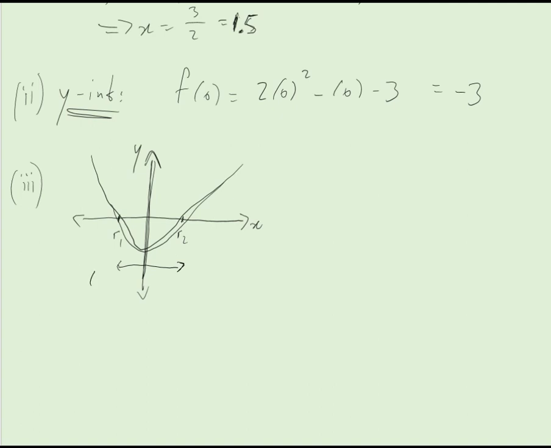So these points would be R1 and 0, because it's 0 on the y-axis, and this point here would be R2 and 0. The midpoint, halfway between these two roots, is where you will find your axis of symmetry. So to find the turning point, or the x value of the turning point, we want the midpoint between the two roots.